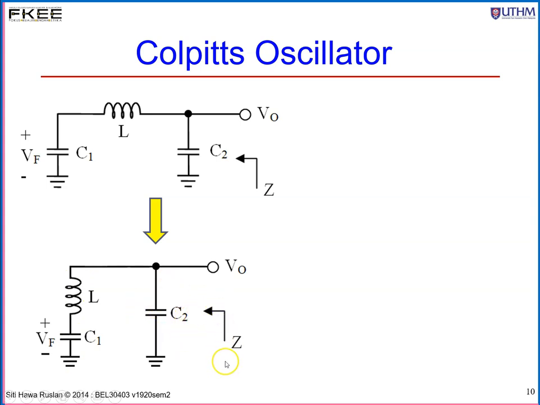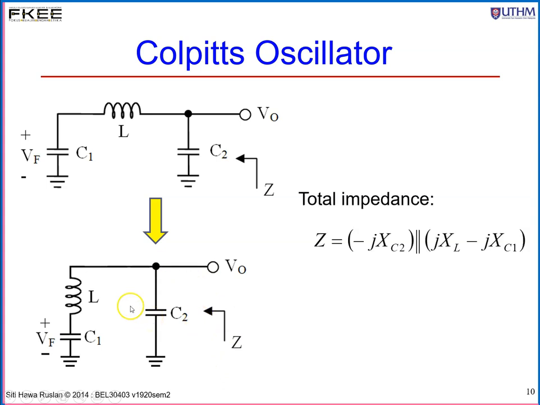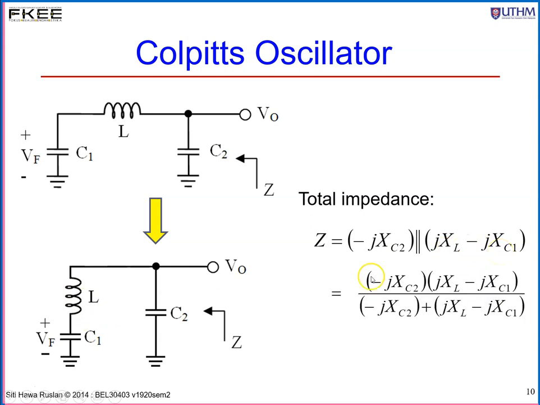If you look at the impedance looking into this particular node, we can get the total impedance to be C2, so the impedance is minus jXC2, in parallel with L in series with C1, so jXL minus jXC1. So it will be minus jXC2 multiplied by (jXL minus jXC1) divided by minus jXC2 plus, in brackets, jXL minus jXC1, open the parenthesis.